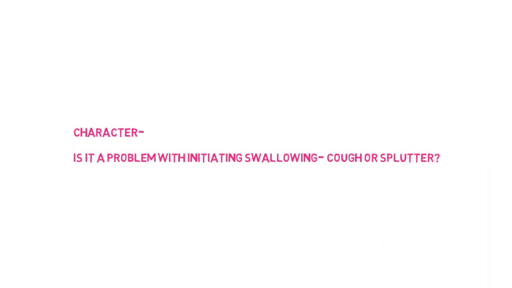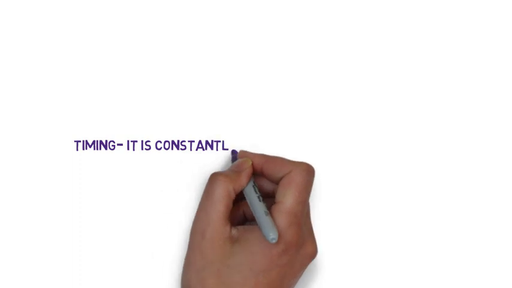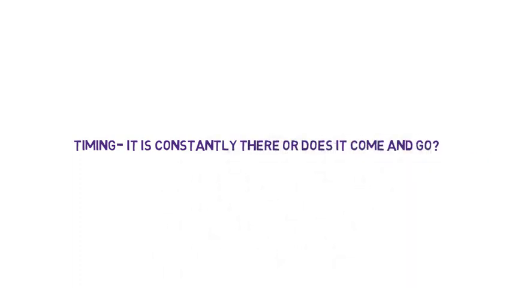I.e., would they cough and splutter after taking a bite of something to eat? Timing. Is the dysphagia constantly there or does it come and go? For example, an esophageal ring may cause intermittent dysphagia, but esophageal cancer will cause constant dysphagia.